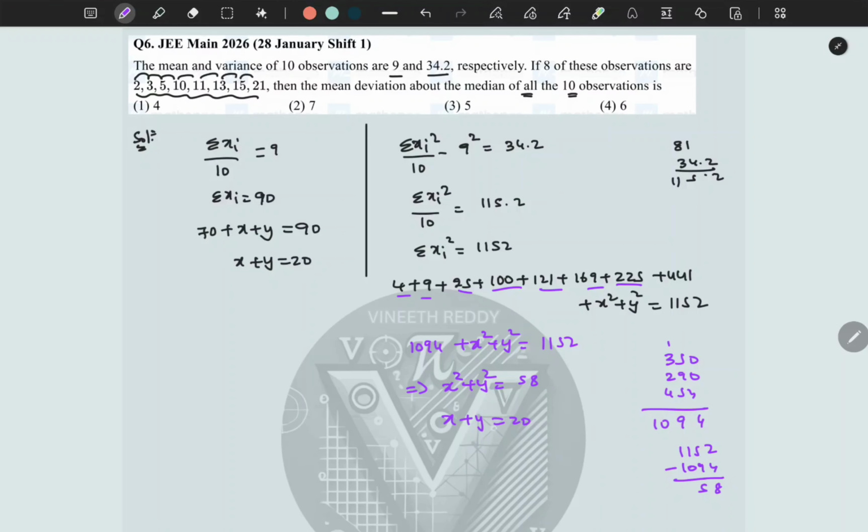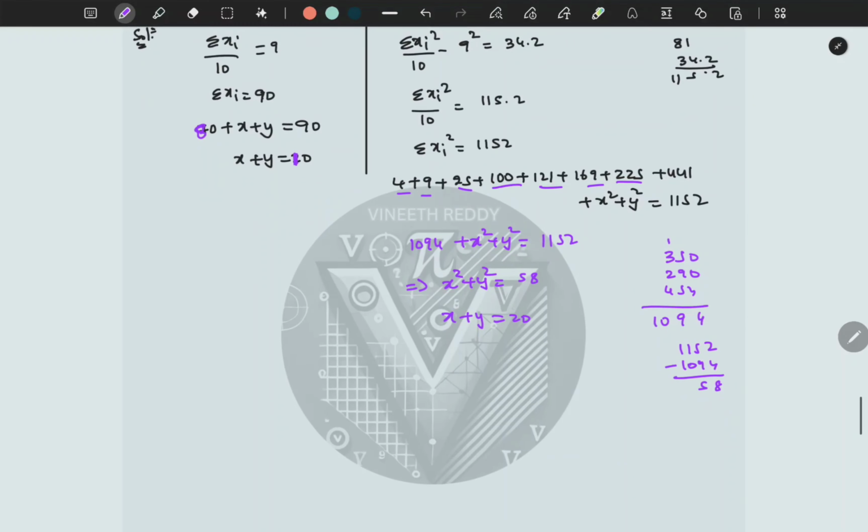Yeah, I think here we have a question. So 2 plus 3 is 5, 5 plus 5 is 10, 10 plus 10 is 20, 20 plus 11 is 31, 31 plus 13 is 44, 44 plus 15 is 59, 59 plus 21 is 80. I'm sorry, this should be 80. So x plus y should be 10, right?